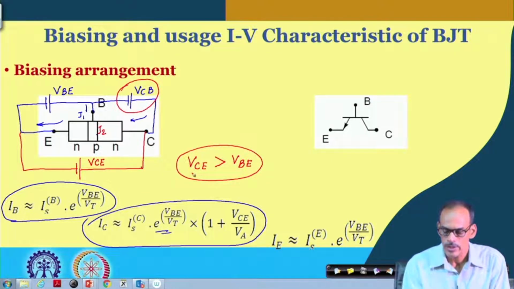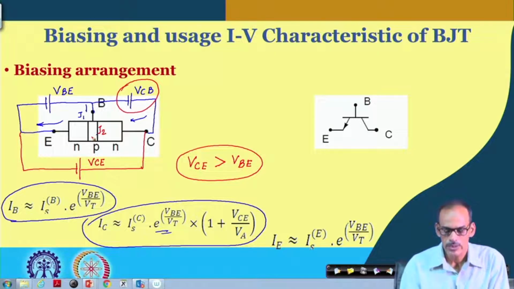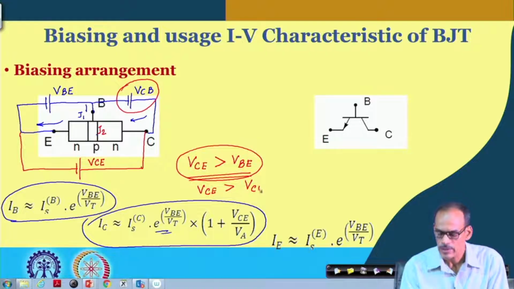Strictly speaking, to get the reverse bias condition for the second junction, this is the condition, but for practical purposes, even if this junction is slightly forward biased, the device still remains in, quote and unquote, the active region of operation. Instead of strictly following this condition, we may say that as long as VCE is higher than some voltage, which may be even smaller than VBE on, we call it VCE sat.